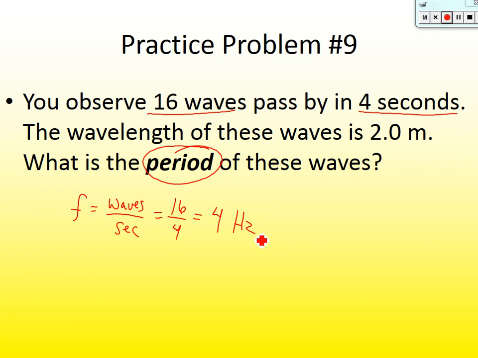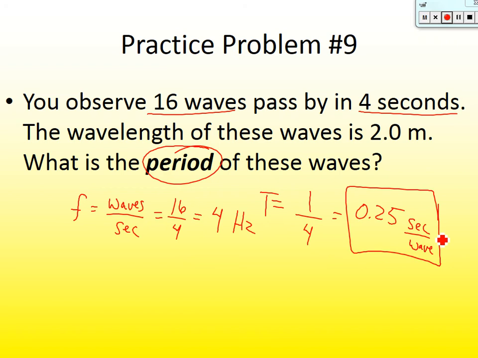But is that what we're supposed to find? No. So couldn't we do 1 over 4? So period is equal to 1 over the frequency, which is 0.25. 0.25 what? Seconds per wave. Now, there are many ways to do a problem.